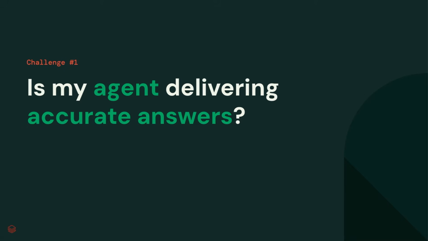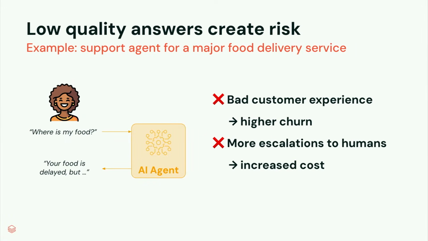the biggest challenge that we hear from customers around generative AI is: is my agent or my application actually delivering accurate answers? And this matters a lot, particularly for the use cases that we work on with our customer base here. If you don't have good quality, you can't have business value. And in fact, you often introduce a lot of risk if you don't have accurate answers.